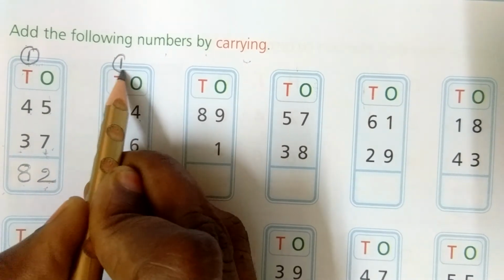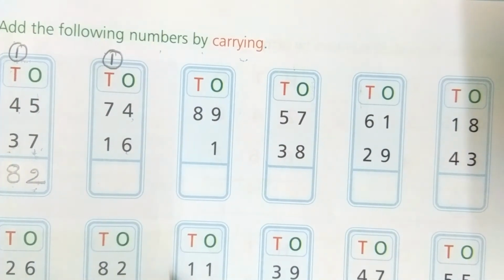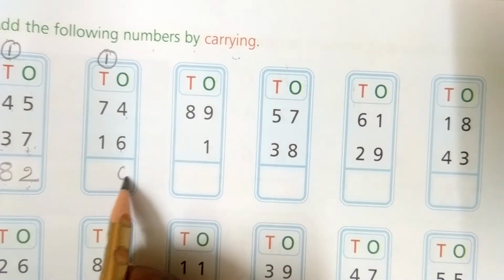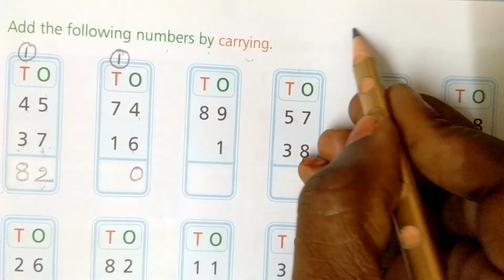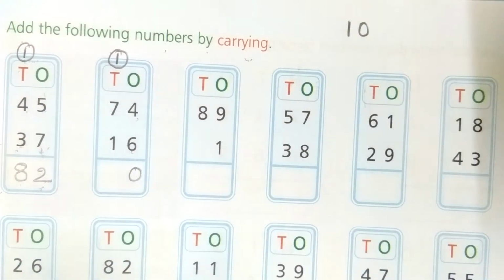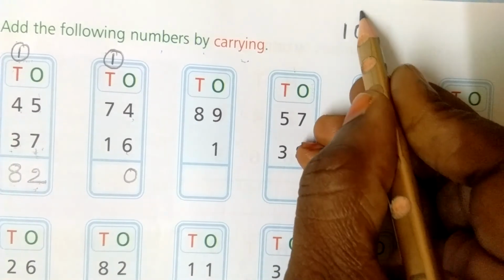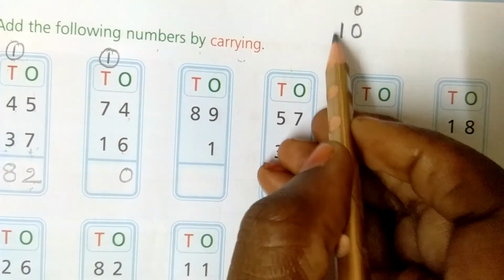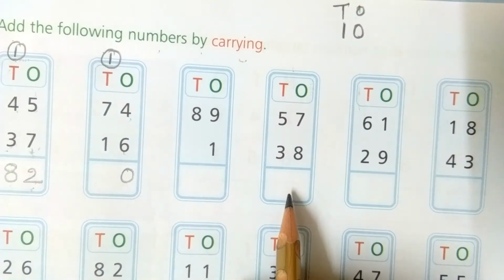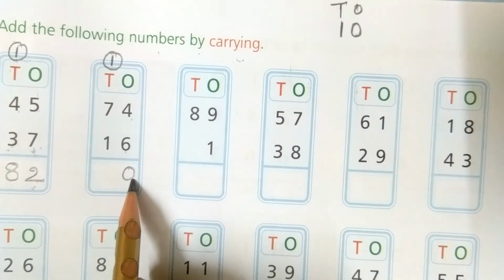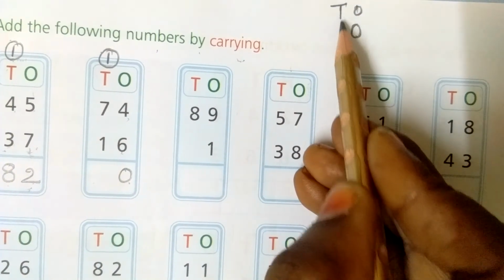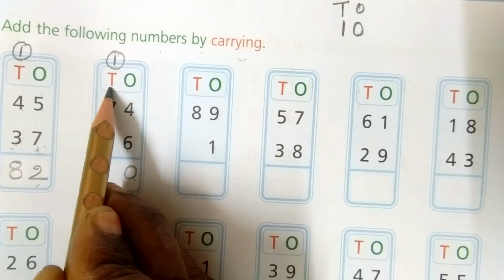So write down 1 as carrying number in tens place and 0 in ones place. See children here, if 10 has come, 0 is in ones place, 1 is in tens place.